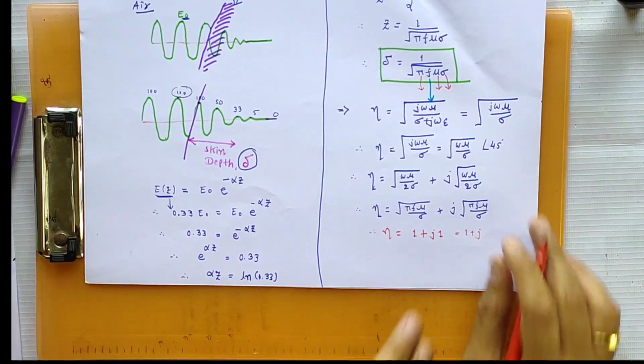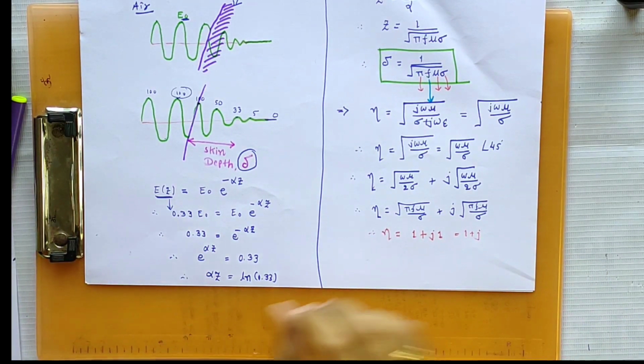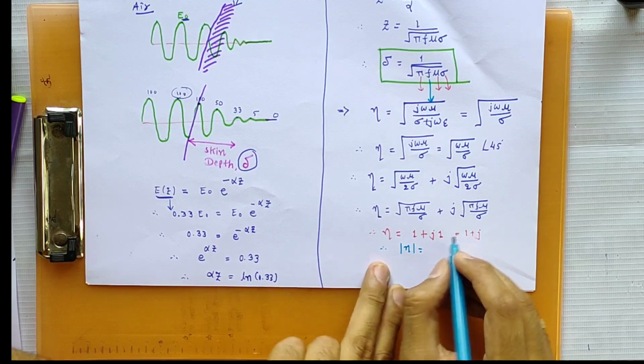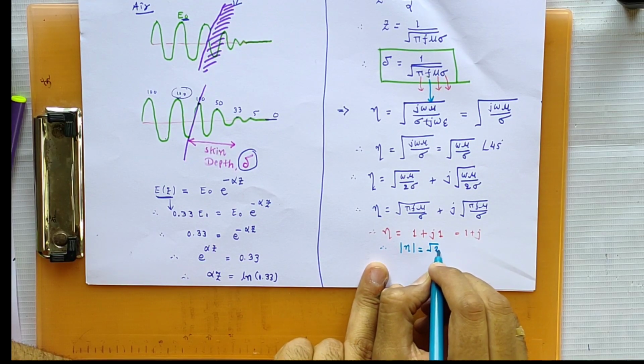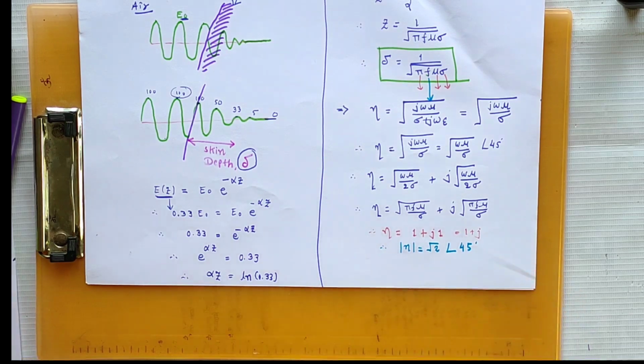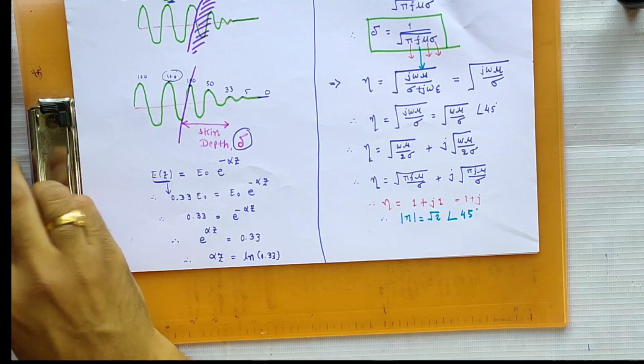What do we mean by an intrinsic impedance of 1 plus j? The magnitude of the intrinsic impedance is root 2 and the angle is 45 degrees.